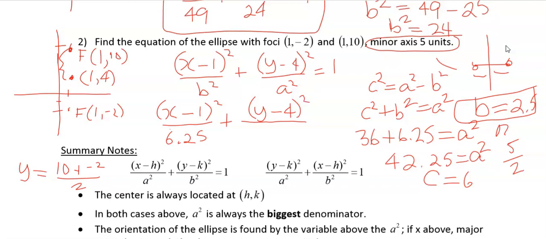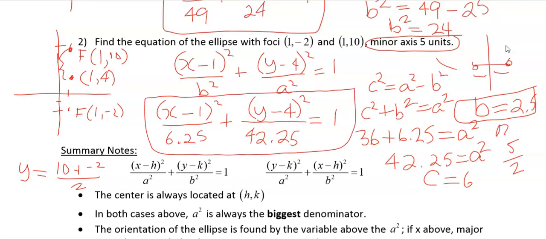And now a squared was 42.25. Notice it's the larger number, and you write equals 1. And there you go. There's that one. Yep, that was a long one. That was a tricky one. But they're there, right? That's what you're going to have.